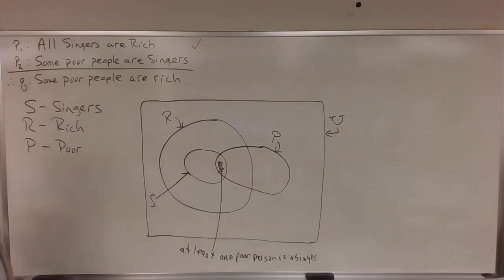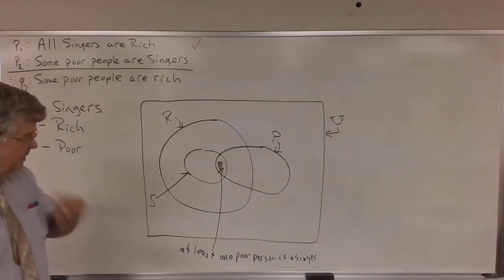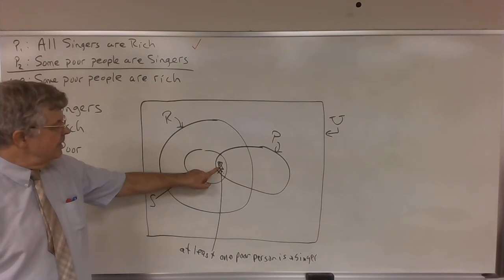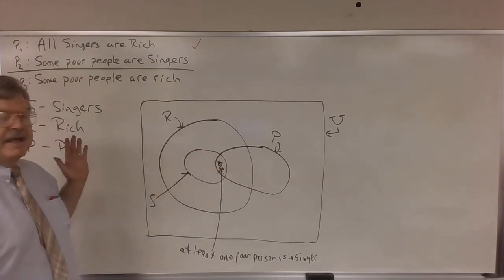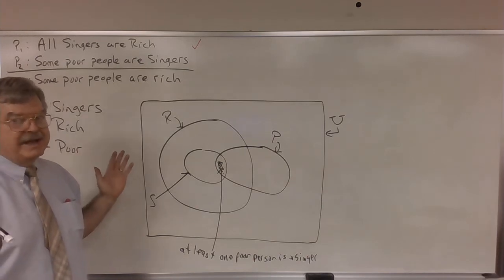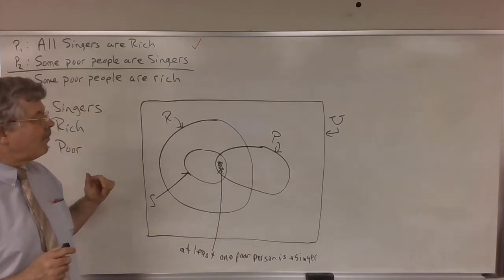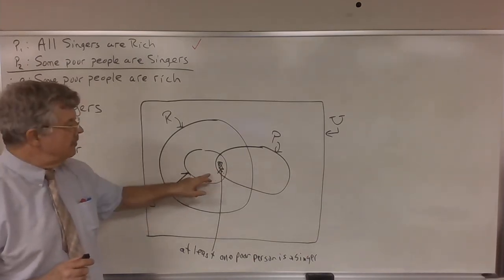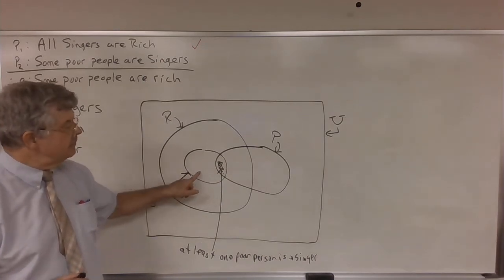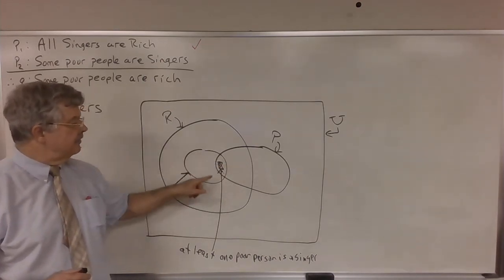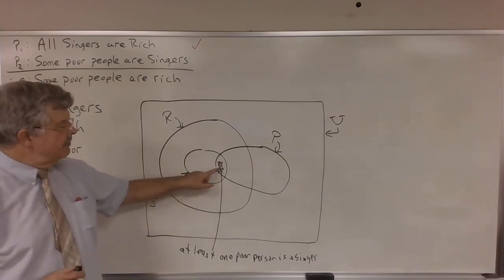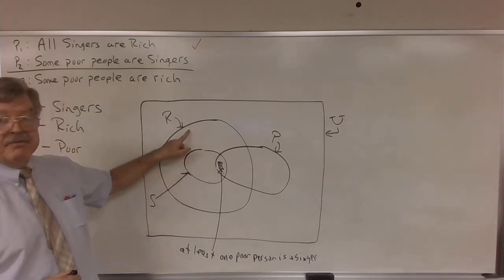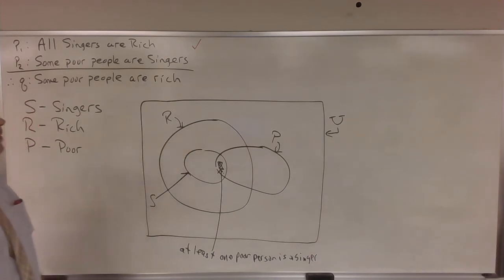But, oh, look here. Here's a poor person, and they're inside the rich circle, aren't they? And that was the only way that we could draw it. We had to draw it this way so that the singer circle and the poor person's circle had at least one element in common. And when we did that, this poor person winds up in the rich circle. Ooh.